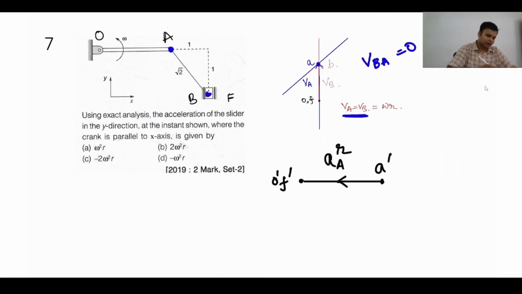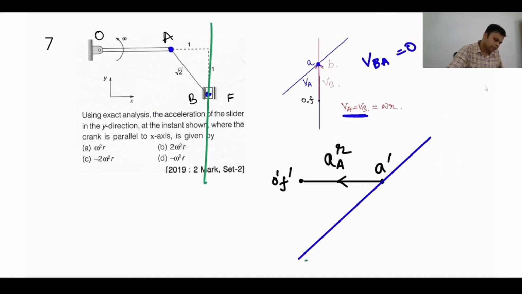So what will be the direction of the tangential acceleration? Can I say it is perpendicular to the link AB? I'll simply bring it here. Now the acceleration of point B, the slider with respect to the fixed link, can I say it will be in this direction?